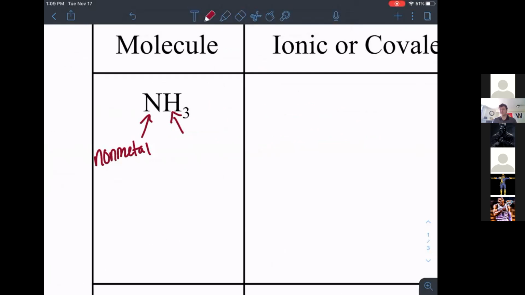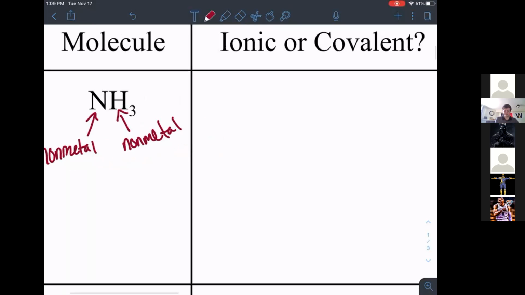Non-metal. Perfect. So we have 2 nonmetals. So 2 nonmetals combined, is that ionic or is that covalent again? That's covalent. Perfect.